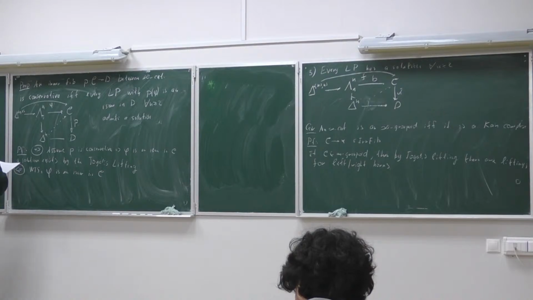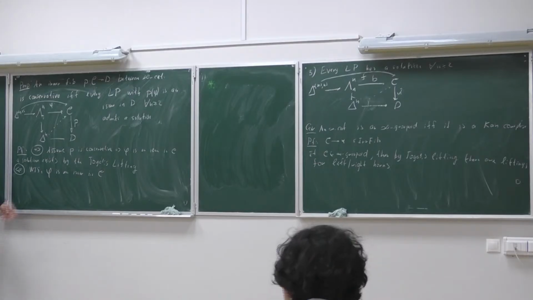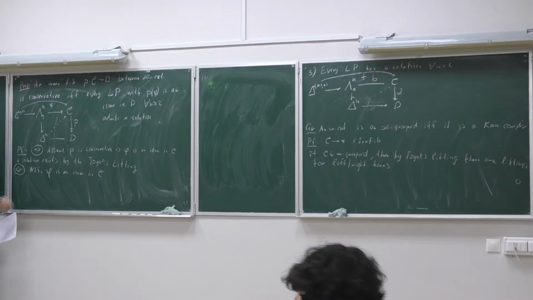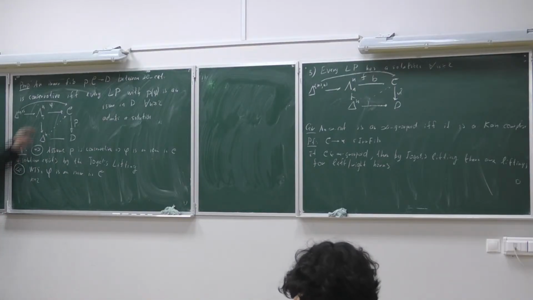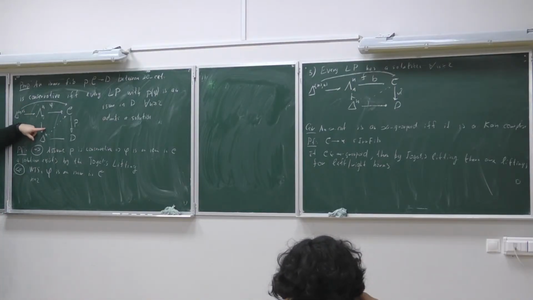But this is really the argument that we've seen before. This is the argument that I used when I proved that left and right fibrations are conservative functors. Before I used n equal to 2, and that's really enough. You consider the case n equal to 2, and you know that you have such a lifting.